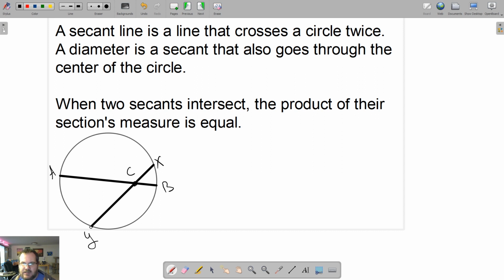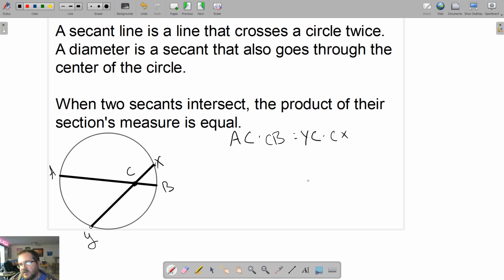So one line segment is from Y to C, another one is from C to X, another one is from A to C, and another one is from C to B. When I say the product of their sections measure is equal, what I mean is if I take AC and multiply it by CB, that product has to be equal to YC, this part of this chord, times CX, the other part of the other chord. So AC times CB is going to be equal to YC times CX.